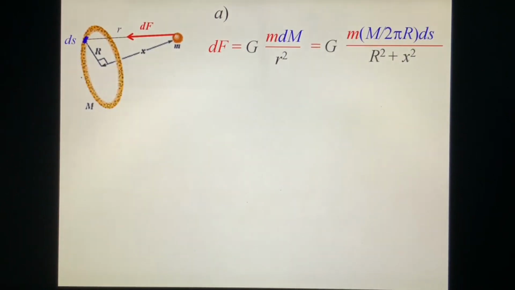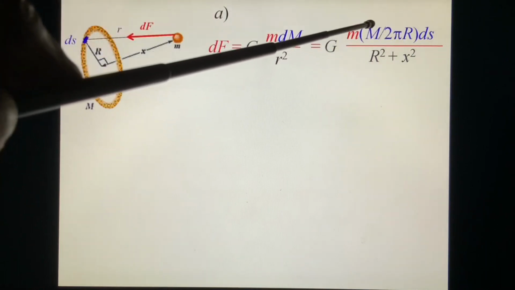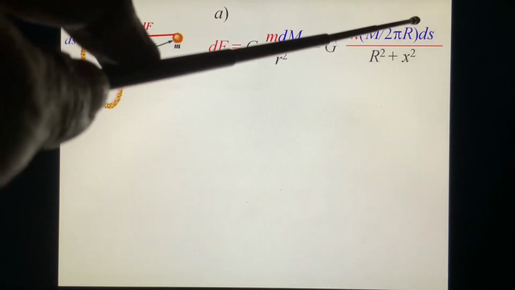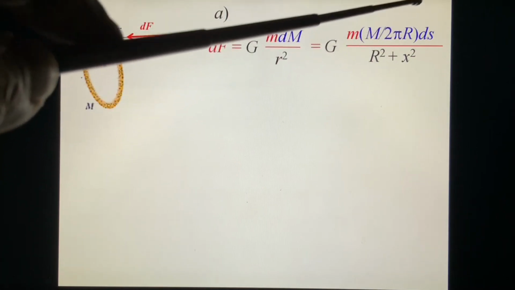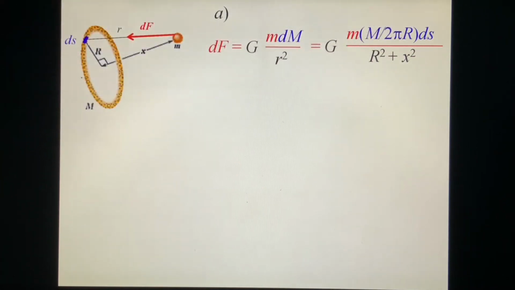What is the dm? Well, the dm is the mass of this ds. If the length is ds, the total ring is 2 pi big R, and the total mass is M. So M divided by the total ring length is called the linear density of mass.